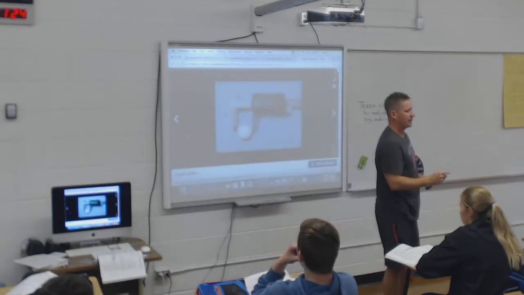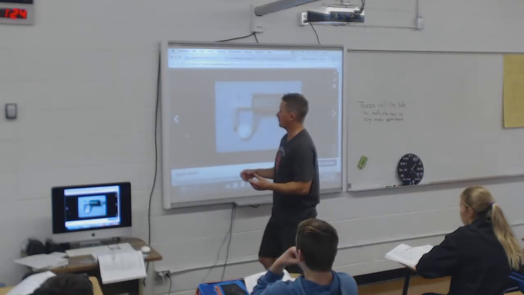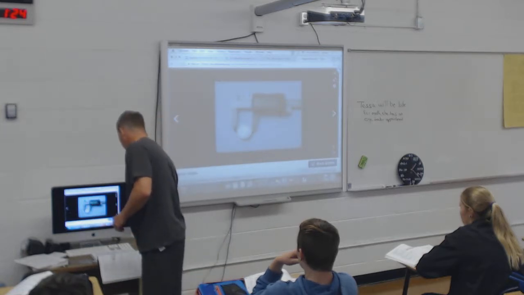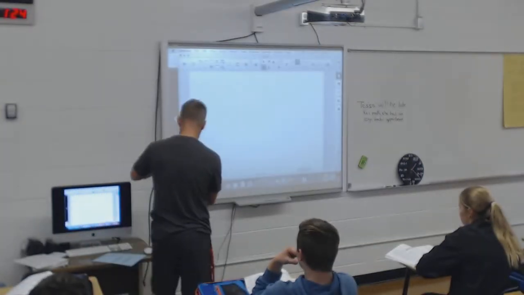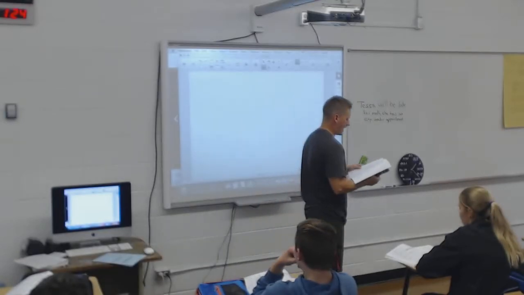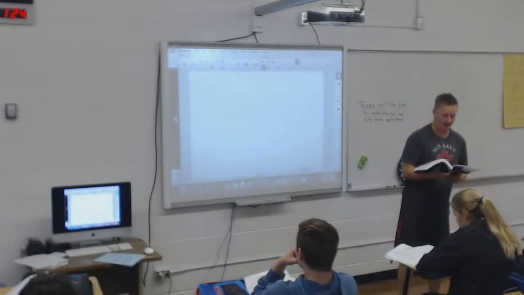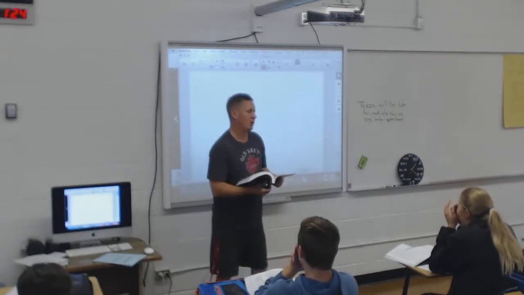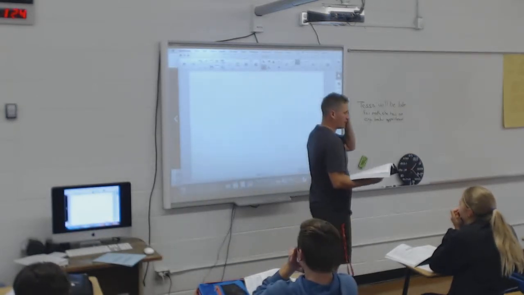Okay, so what we need to do is we need to be able to read a caliper that is not digital. So that's what we're going to do right now. Look at the caliper that we have there. This one is a centimeter scale. So this is your typical ruler.